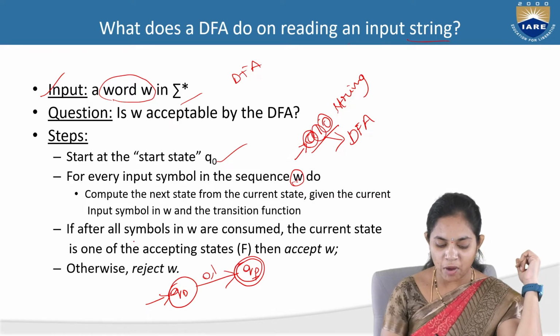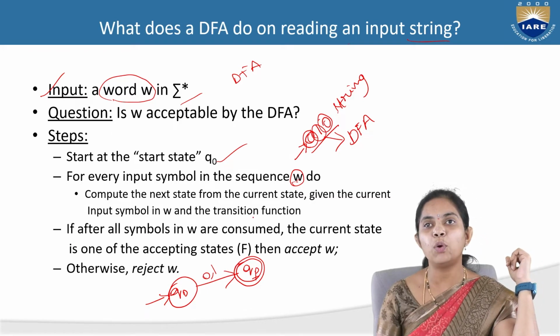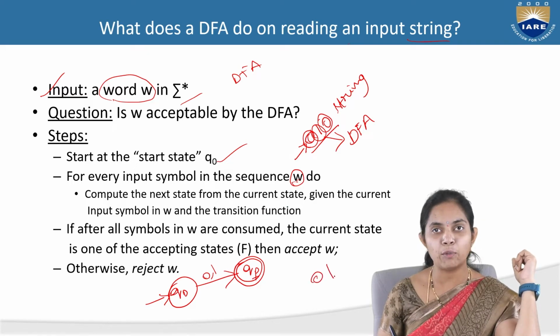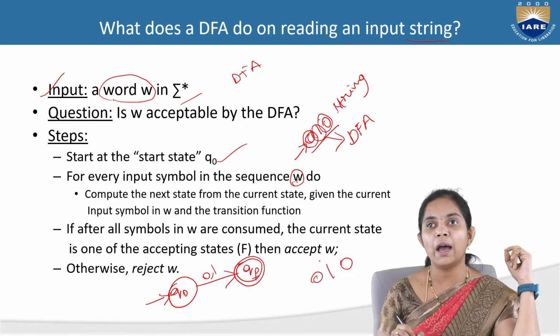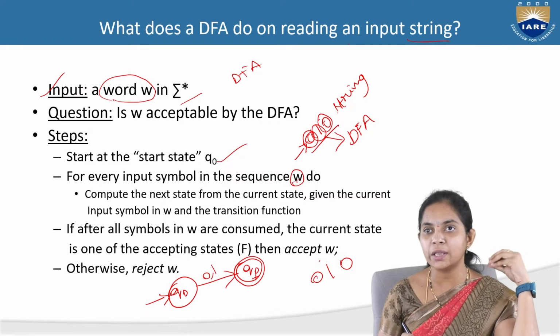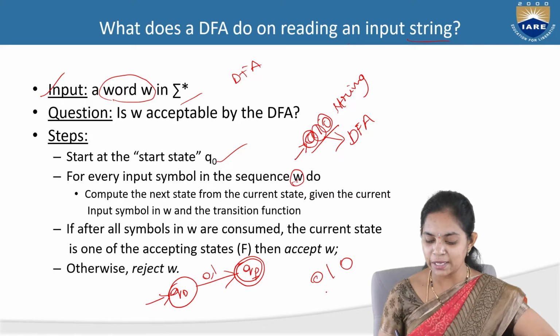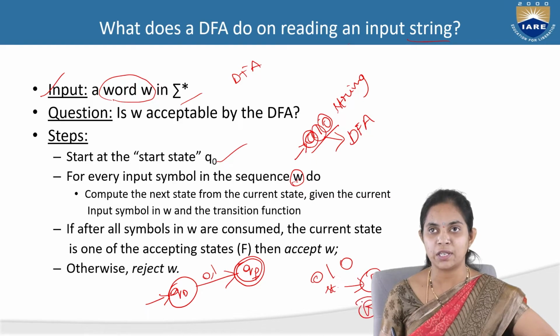And after all symbols in W are consumed, after finishing 0, then 1, then 0, after consuming all the input symbols in the string, the current state leads to either a final state or a reject state.